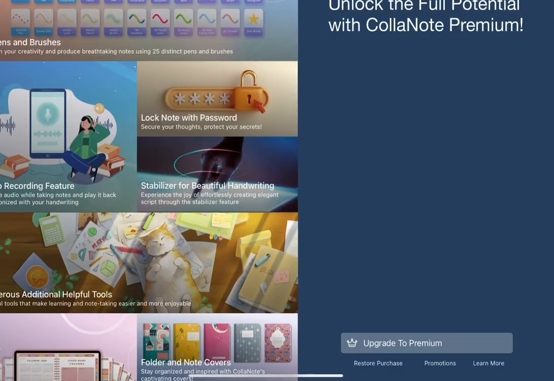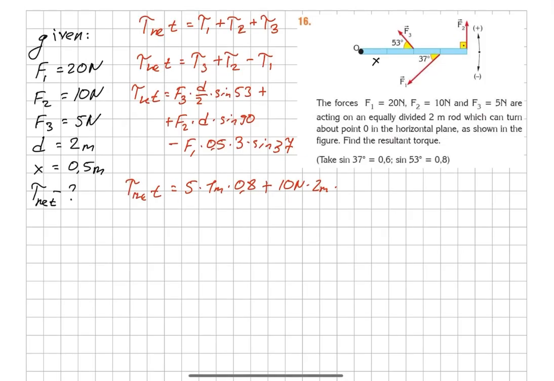Then minus F1, which is 20 newtons times 1.5 meters times sine 37, which is 0.6.